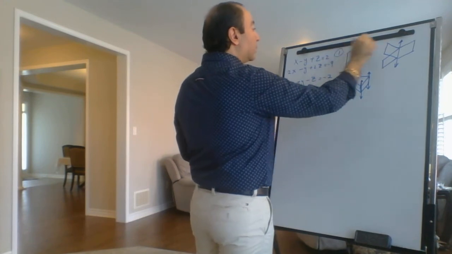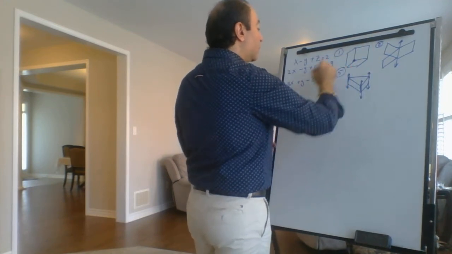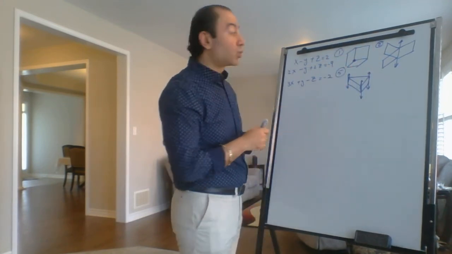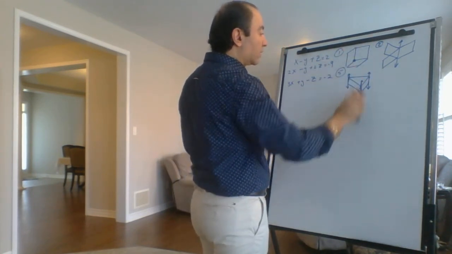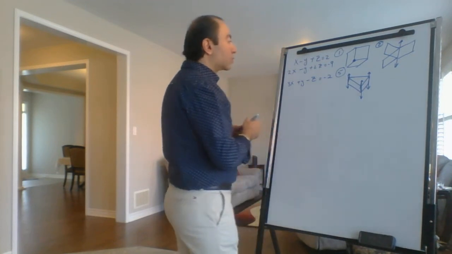So either 1 or 2 or 5. Now we cannot tell which one until we actually solve. So those are the 3 cases, and we're trying to solve.